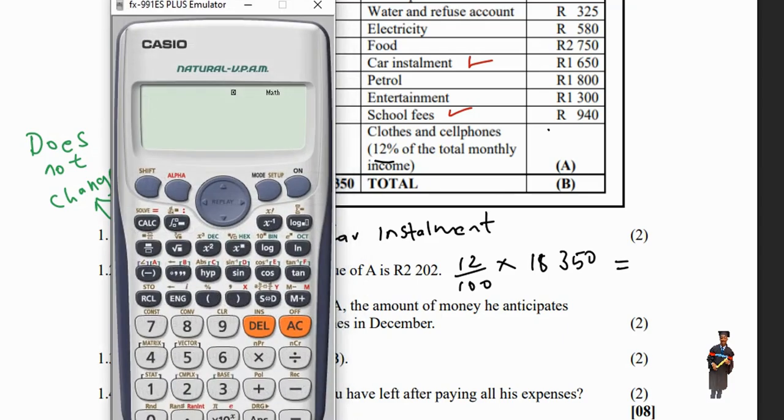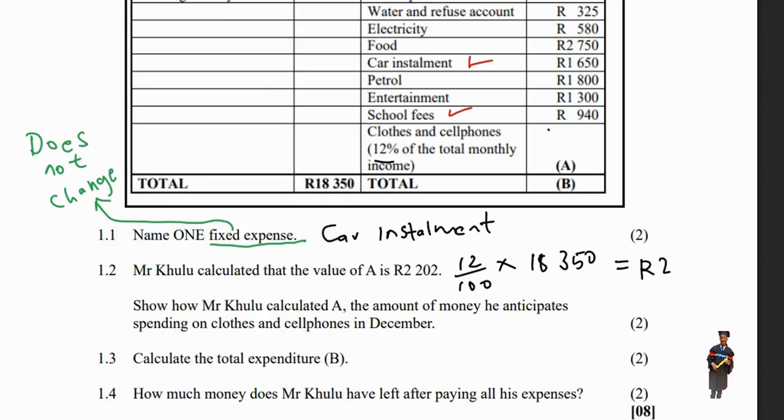So it's going to be 12 divided by 100, then multiply by 18,350. So it's 2,202. Okay, so that's how you score your 2 marks.